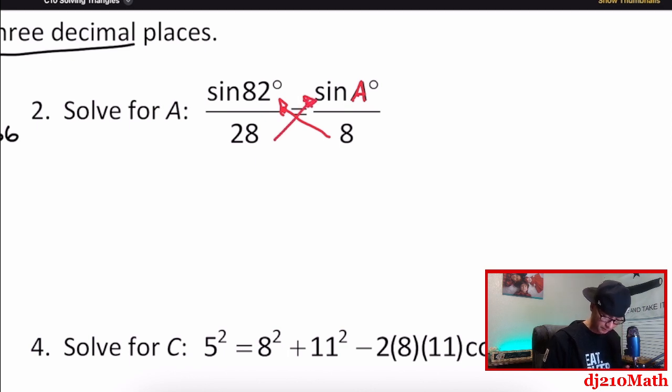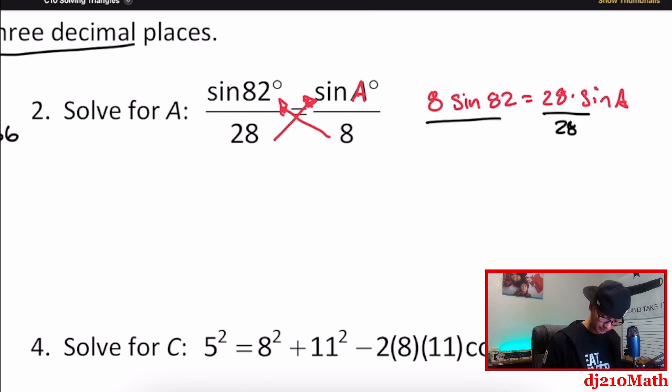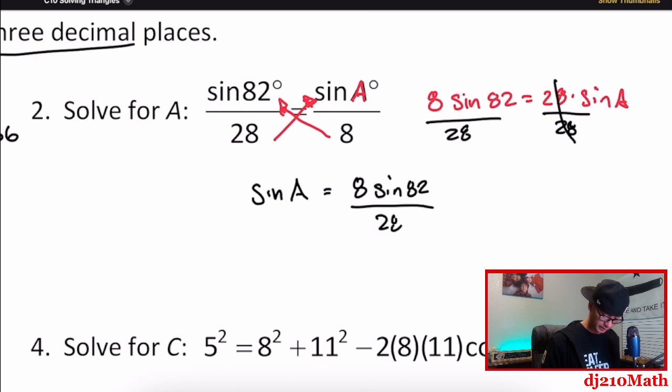So we're going to get 8 sine 82 is equal to 28 times sine of A. We have to isolate sine A. Treat it like a variable. Divide both sides by 28. So we get sine A is equal to 8 sine 82 over 28.